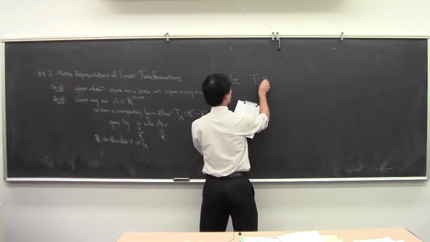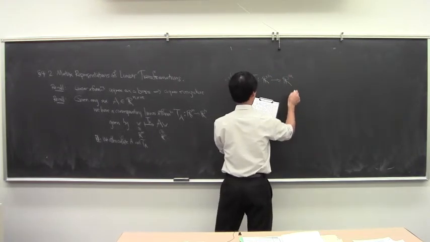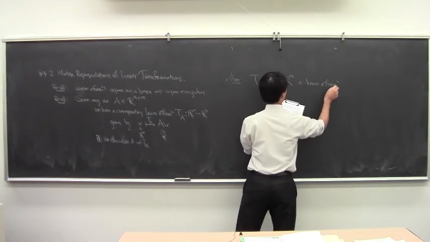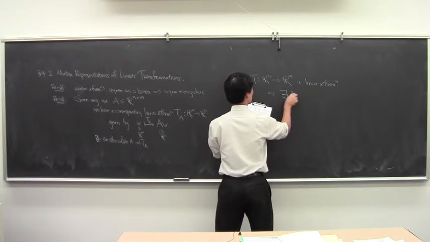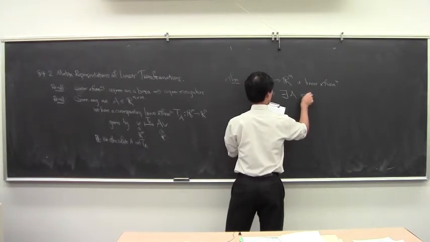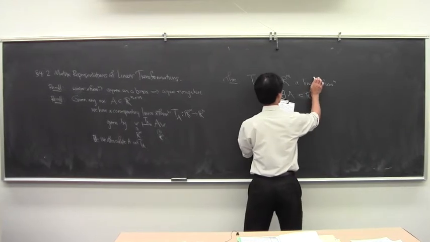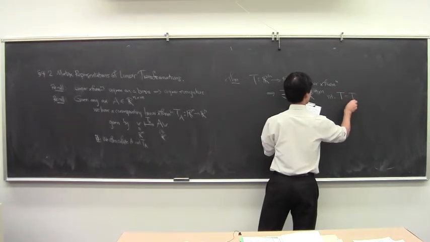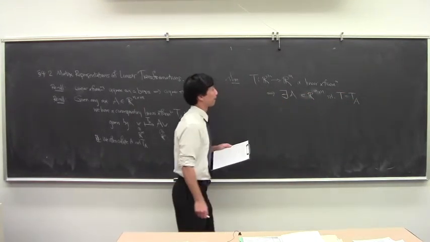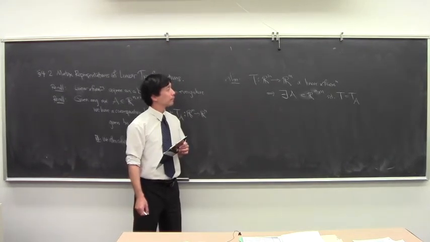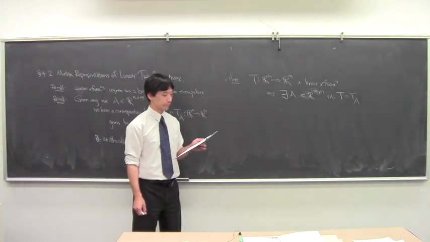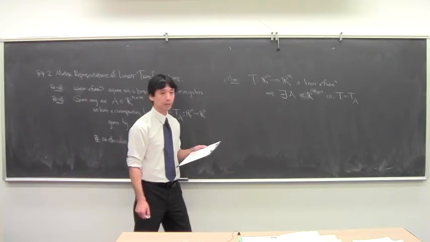If you have any linear transformation from Rm into Rn, then there exists an n by m matrix A such that T is T sub A. Is it clear what I'm saying here?